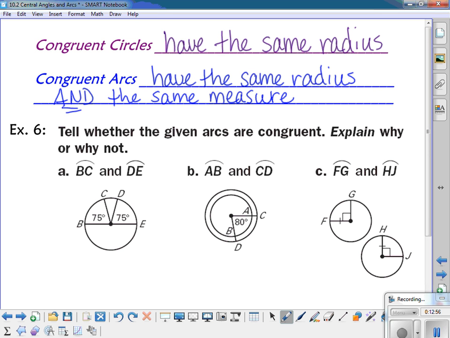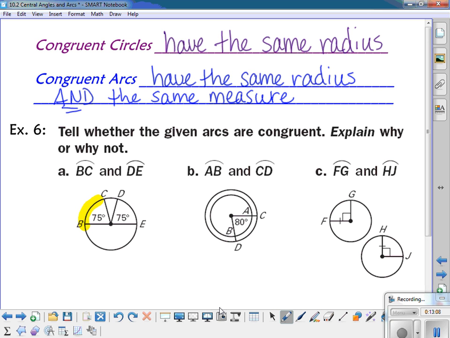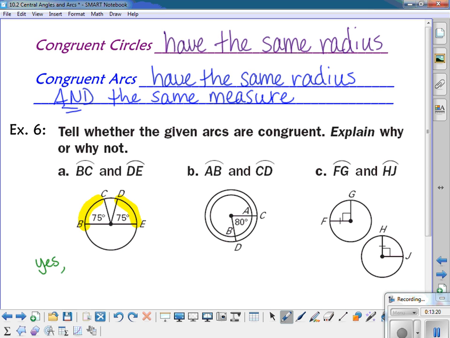So if we look at figure 6, we want to know whether or not the arcs are congruent. So if I look at BC and DE, they're in the same circle, so they have the same radius, and they both have a measure of 75 degrees. So yes, those are congruent.